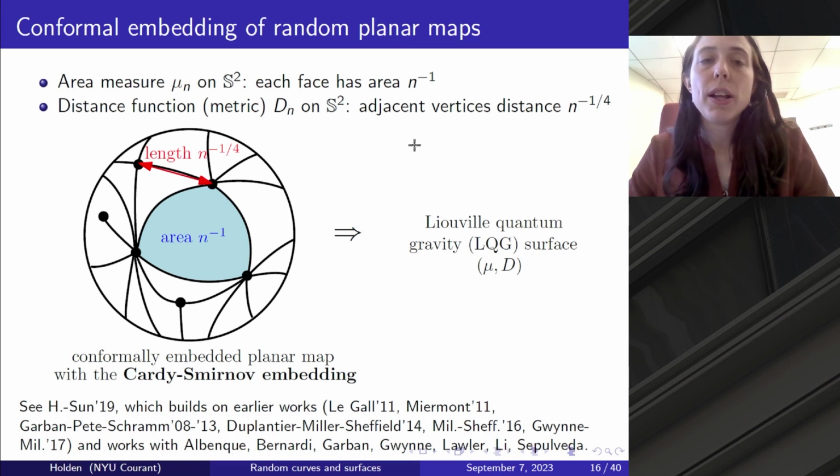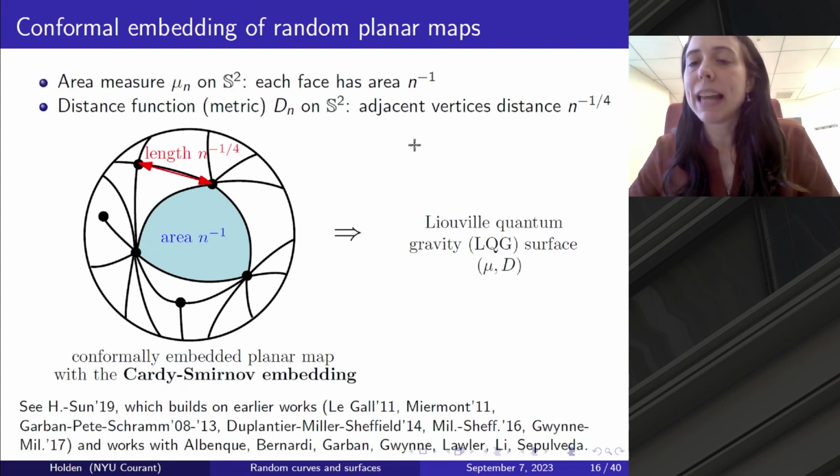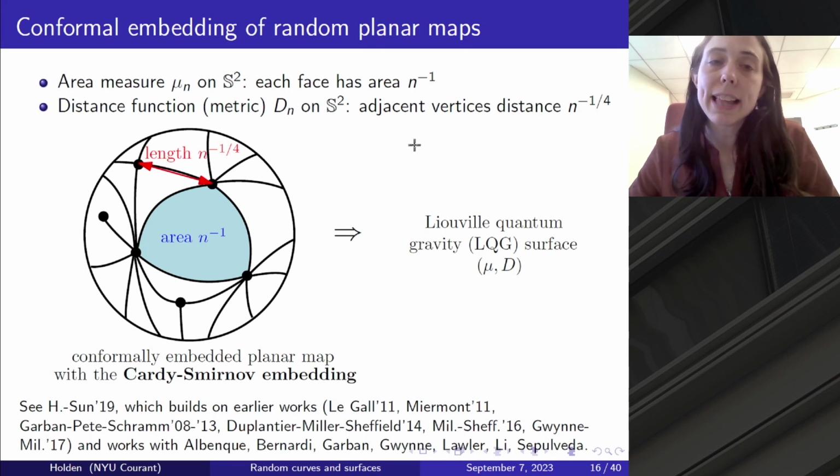There is also another topology that has been considered, which is what is called the mating of trees topology. It's a general belief that if one has a planar map with some critical statistical physics model, then it should converge to LQG, such that the value of gamma for the LQG depends on the universality class of the statistical physics model.